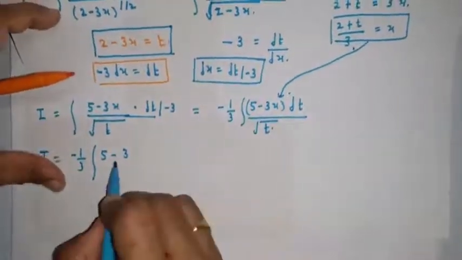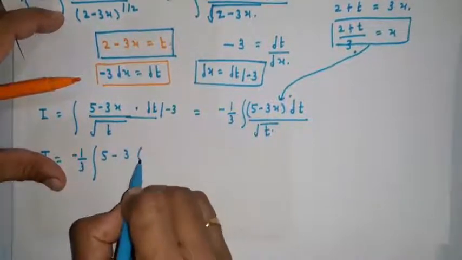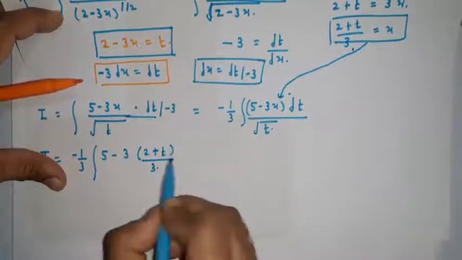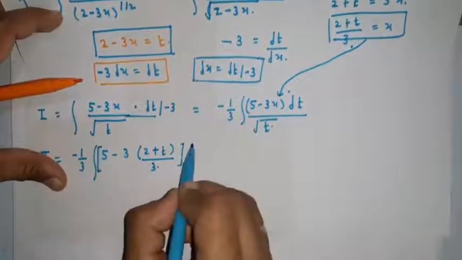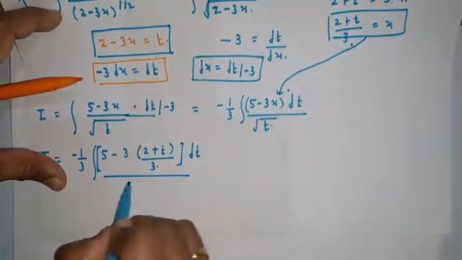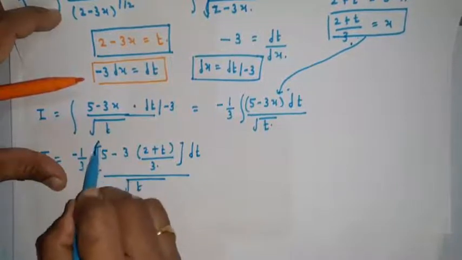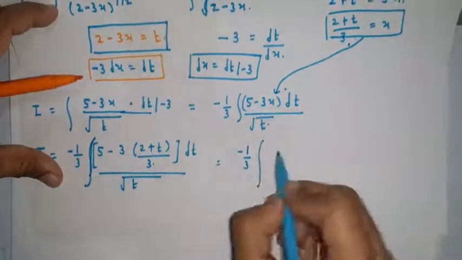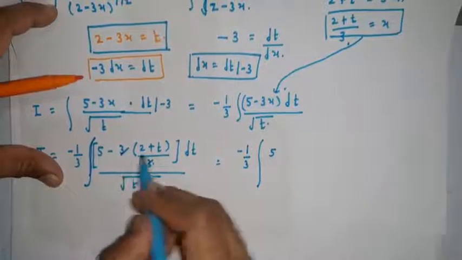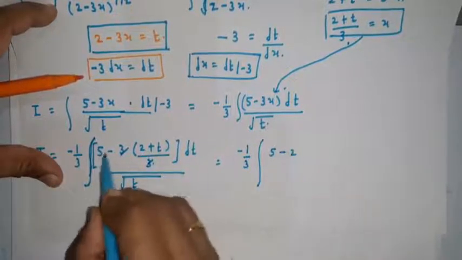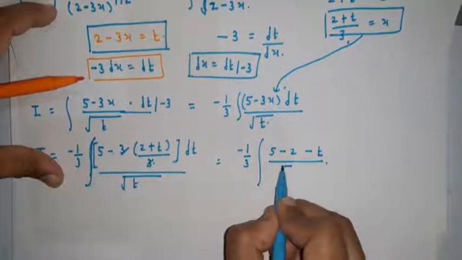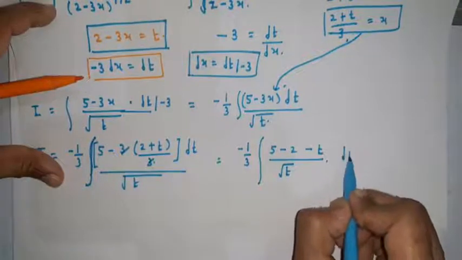Okay students, so here the integrand becomes 3 into the value of x, which is (2 + t)/3 minus 3x, whole, the value of dt upon square root of t, and this is the integration, that is minus 1 upon 3 integration of (5 minus 2 minus t) upon square root of t with respect to t.